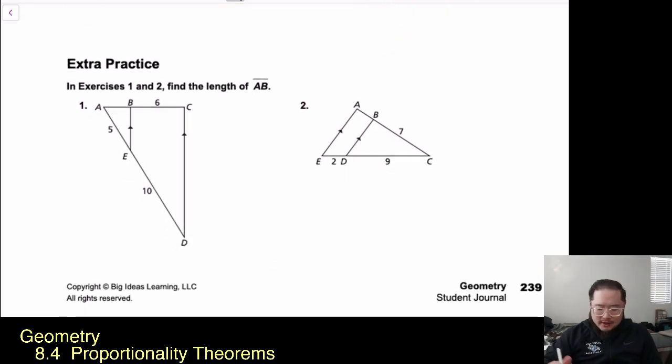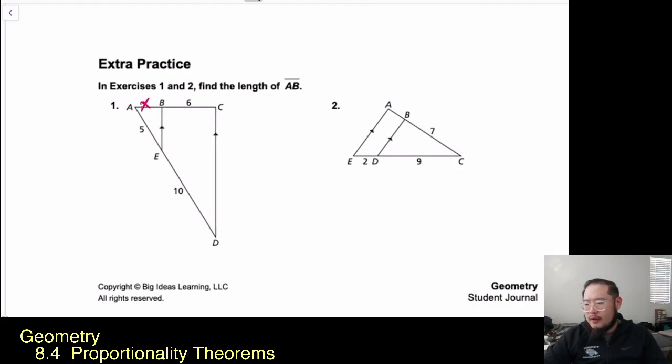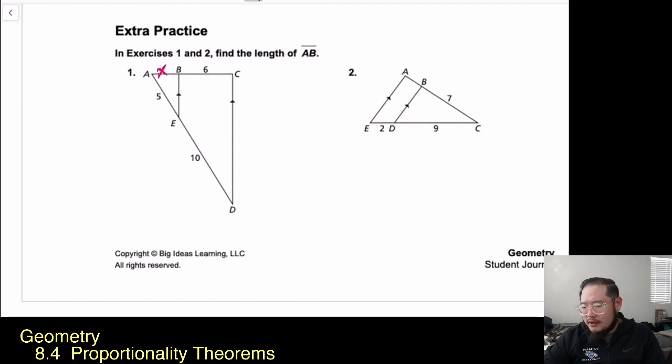So let's take a look at our extra practice right here. It looks like we need to find the length of segment AB. I've got two parallel lines, and I'll go ahead and call AB x, because that's what we're trying to find. So putting this all together, we want to set up a proportion. Remember, let's set things up on the same side.